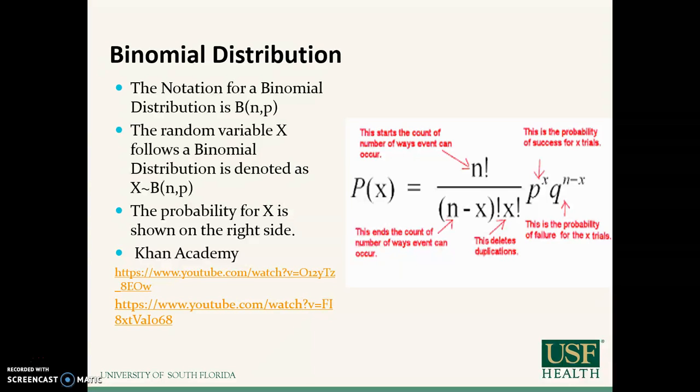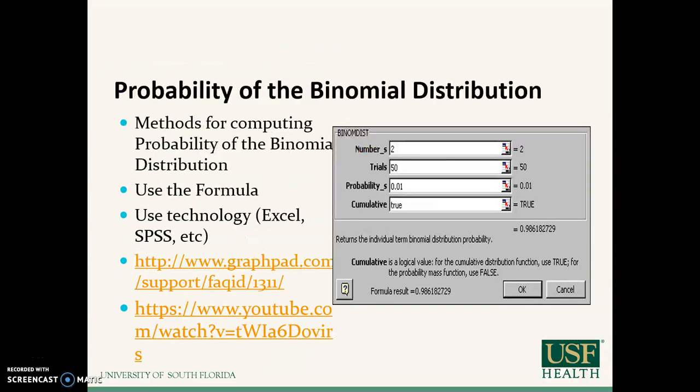And n is the total count of the experiment, x is the number of successes, p is the probability of success, and q is the probability of failure. And you can also watch the 2 videos linked here to learn more about the formal definition of the binomial distribution.